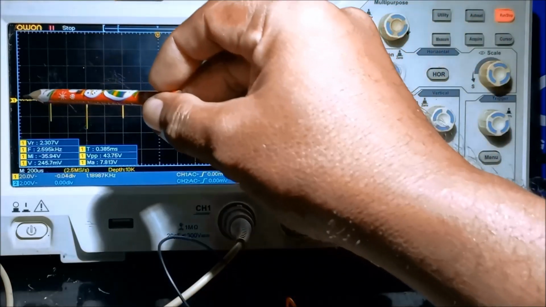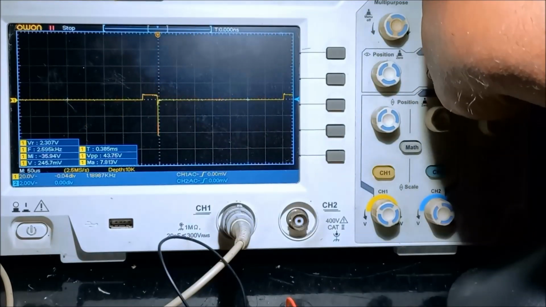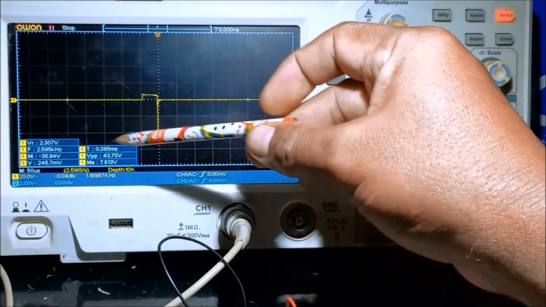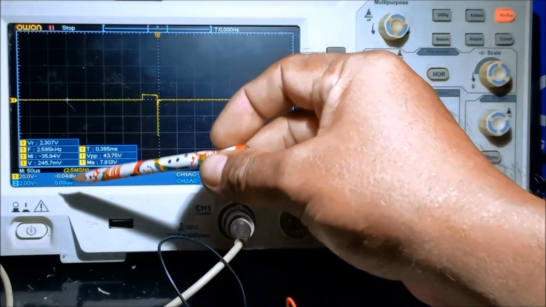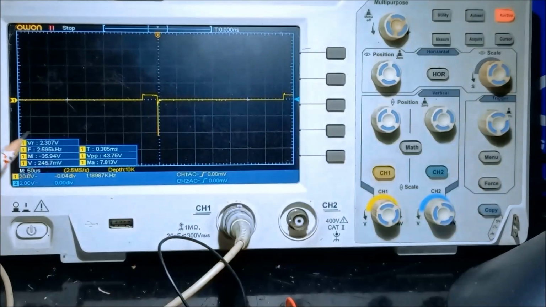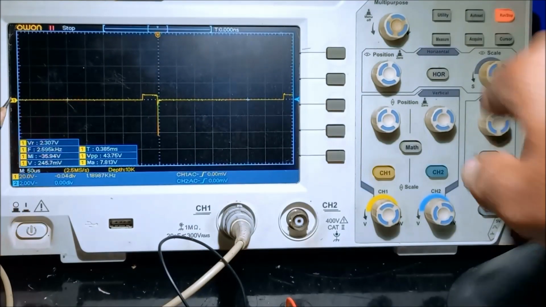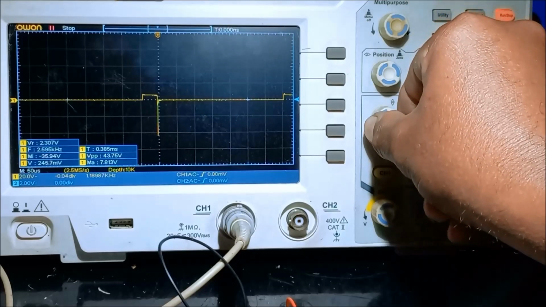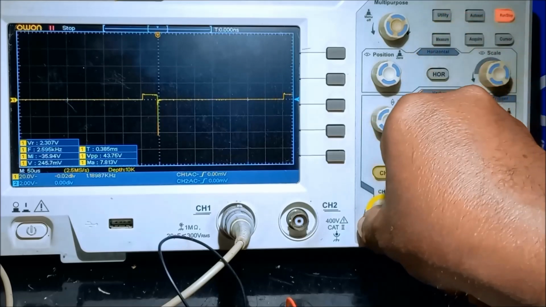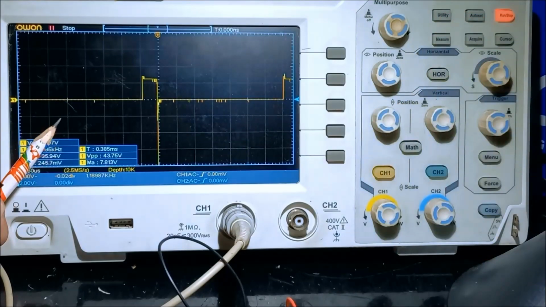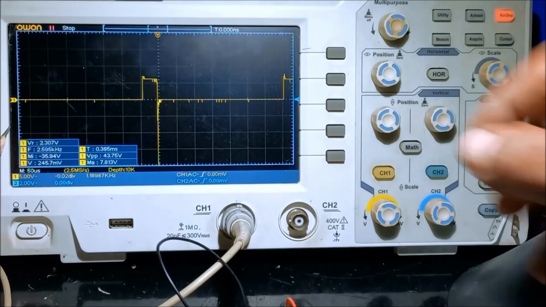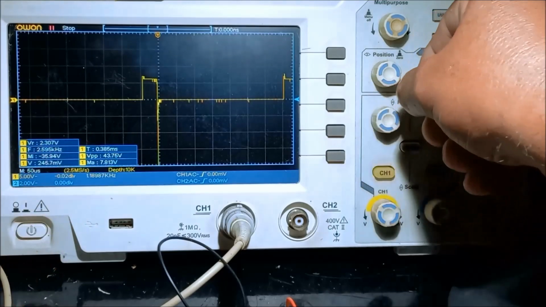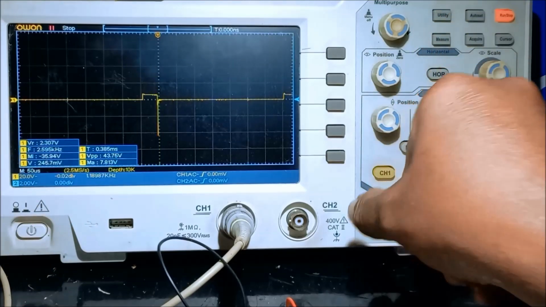So you can see here, let's make it big, we have voltage division of 20 volts, or if we're going to make it 10 volts per division, that is the waveform. Okay, and we cannot see the voltage spike, the negative voltage produced by the circuit.